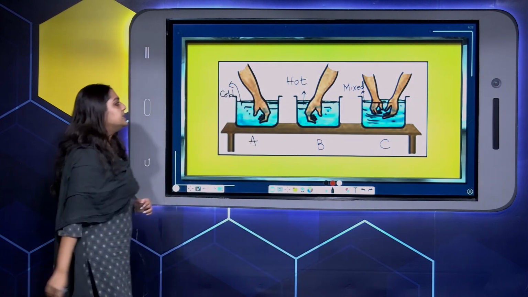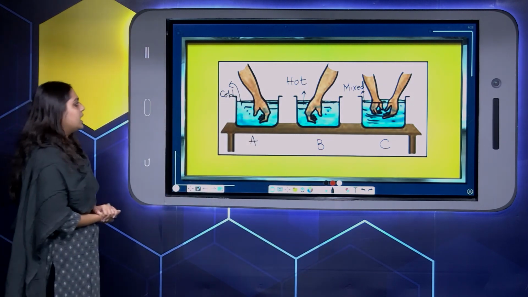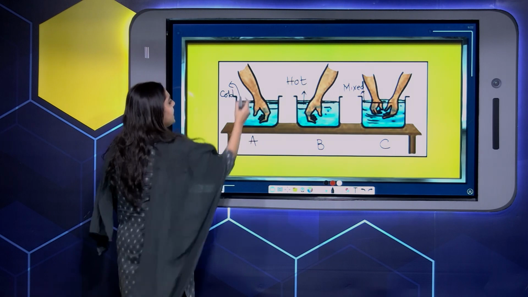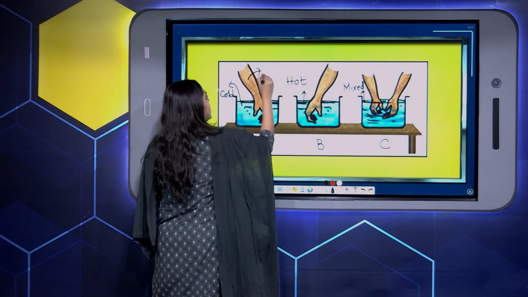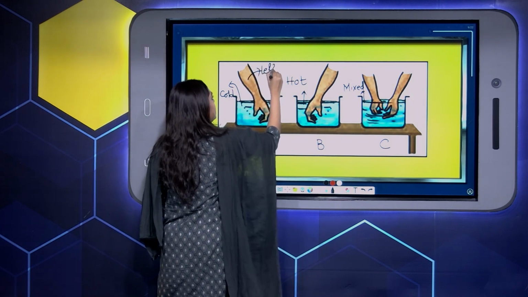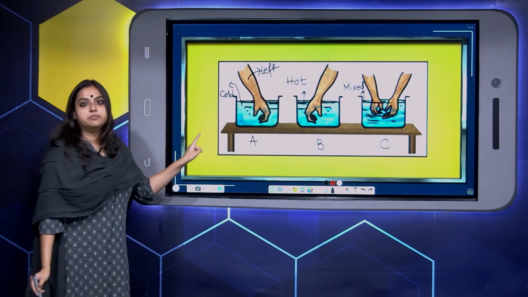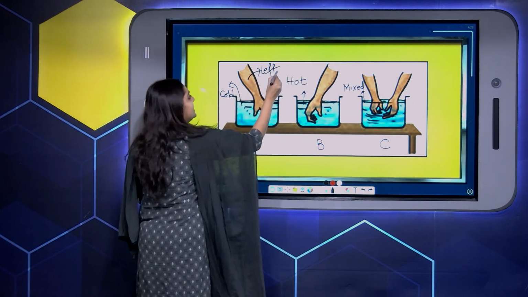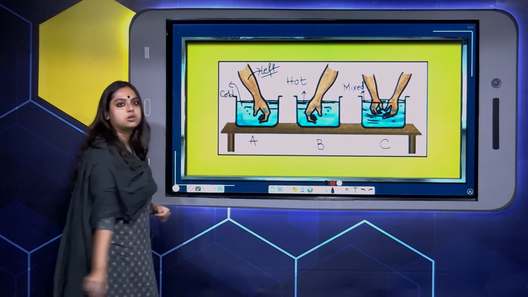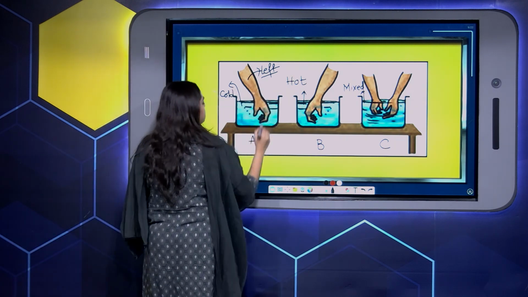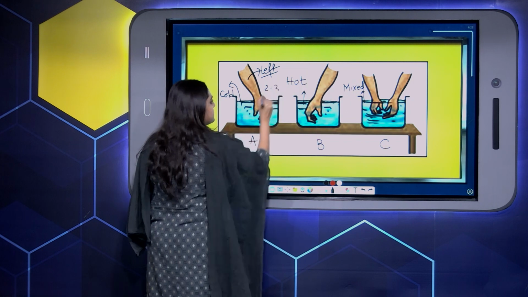Right? Now, you have put your left hand in the cold water. Remember this, you have put your left hand in the cold water for say 2 to 3 minutes.